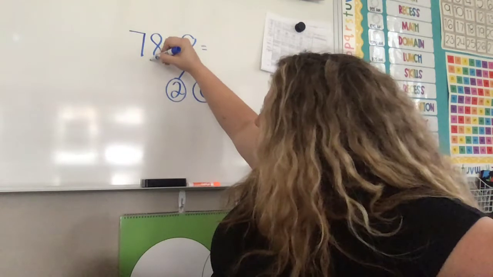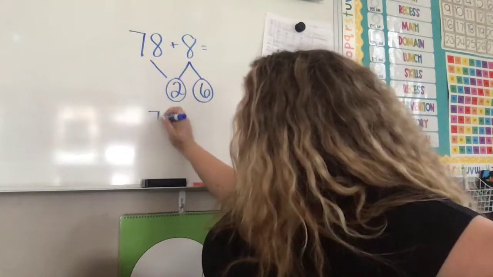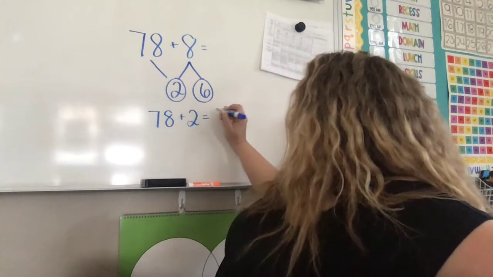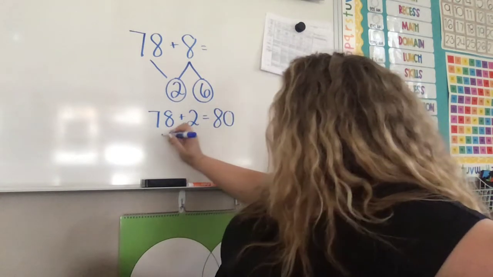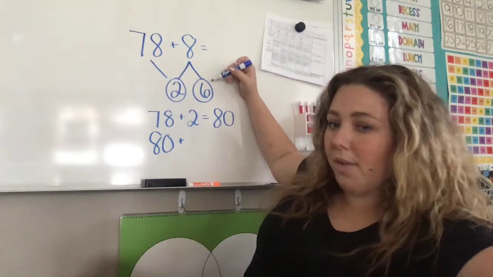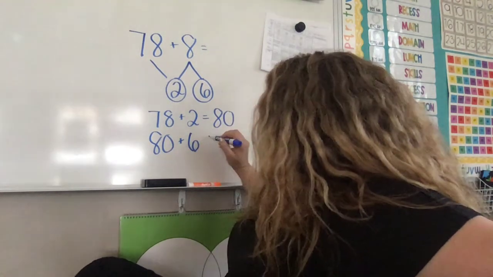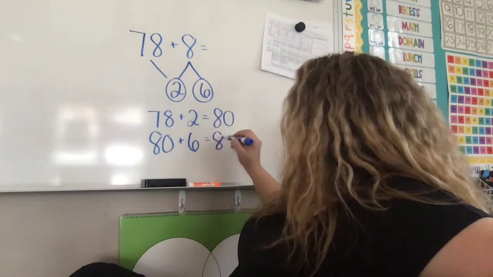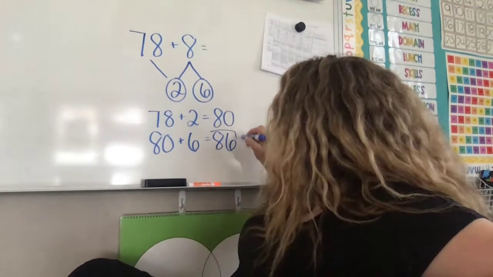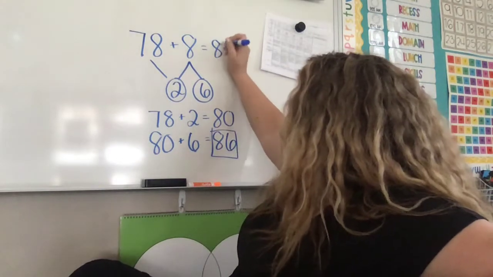So we know that 78 plus 2 equals 80. And 80 plus our leftover number of 6 is equal to 86. Okay? So your answer to this problem is 86.